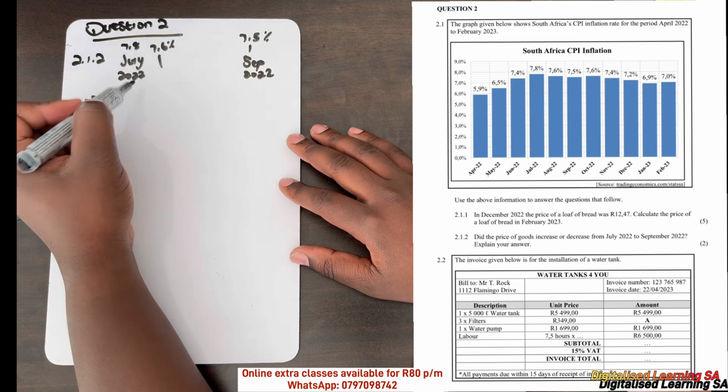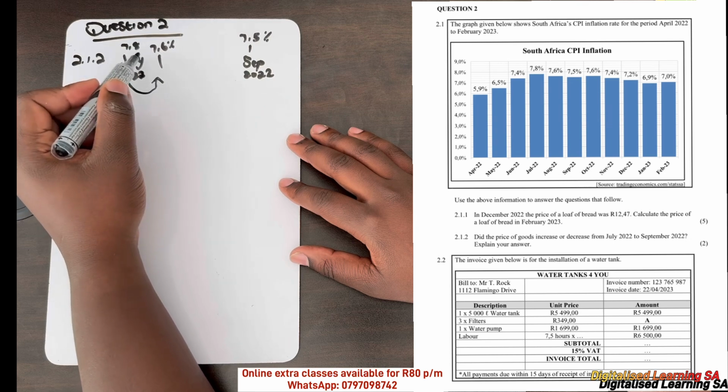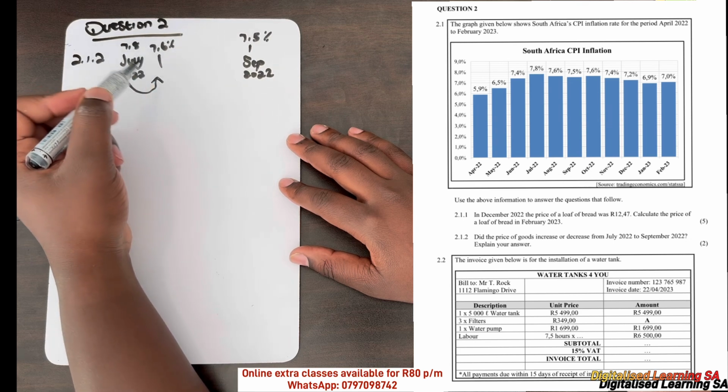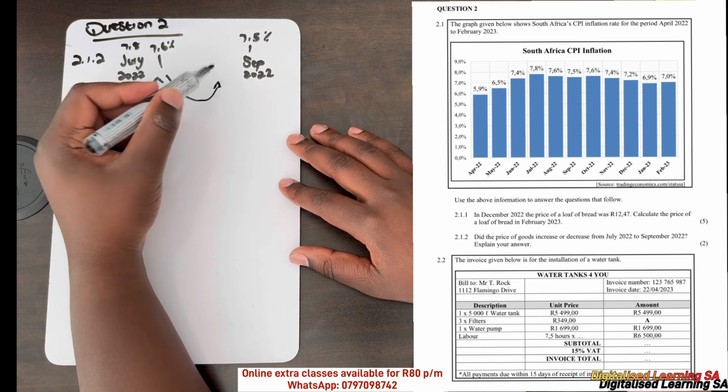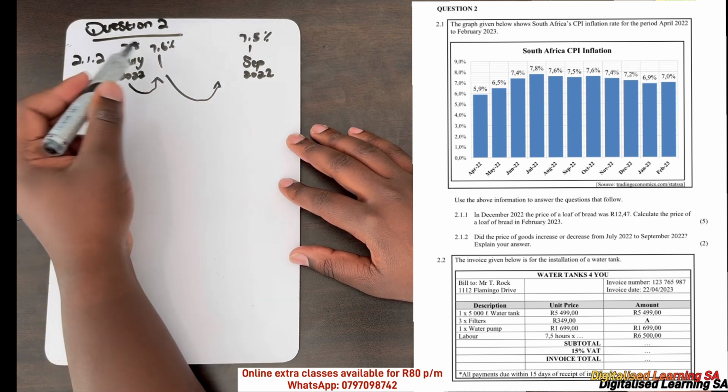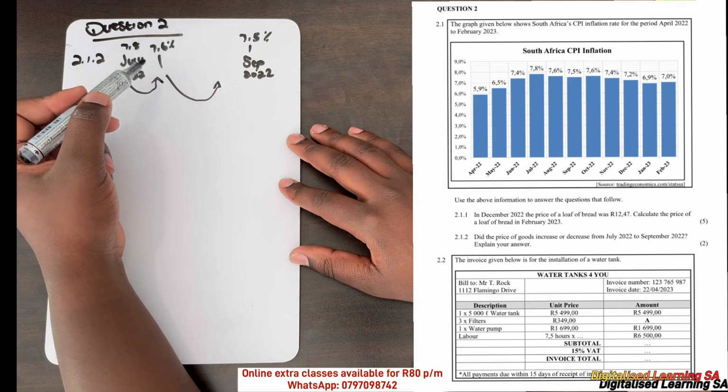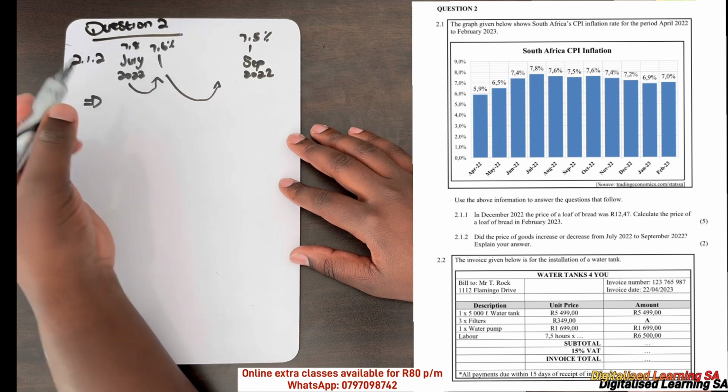So from July to August it increased by 7.6, and then from August to September it increased by 7.5. So it is increasing, but it is increasing at a lower percentage.